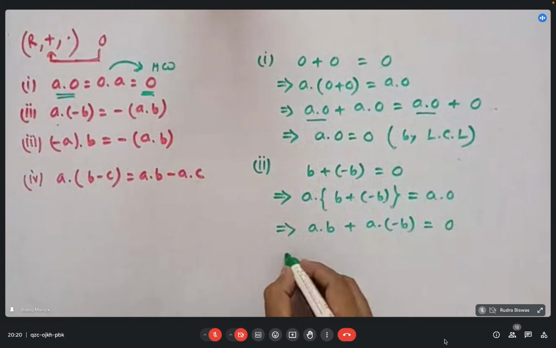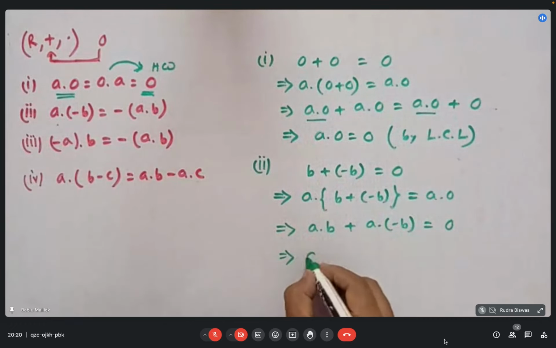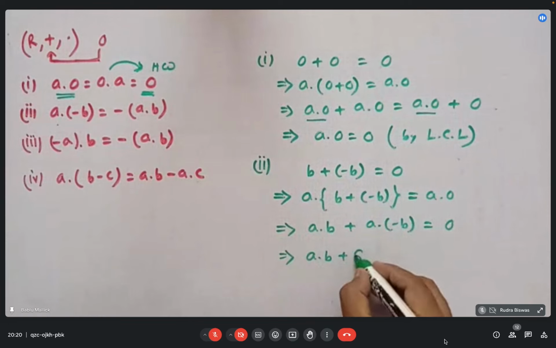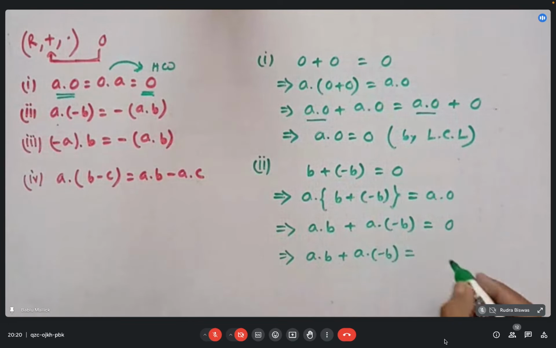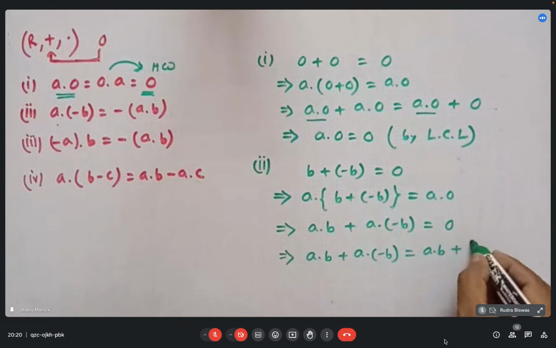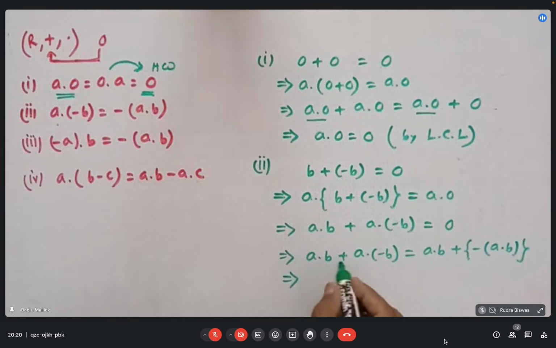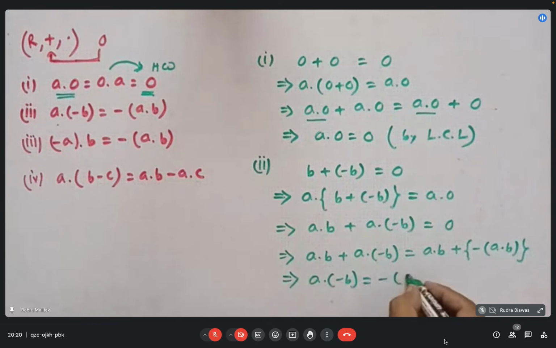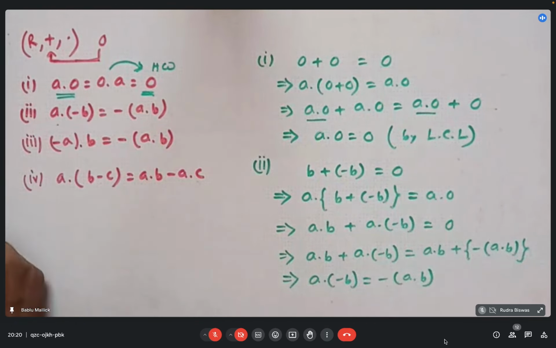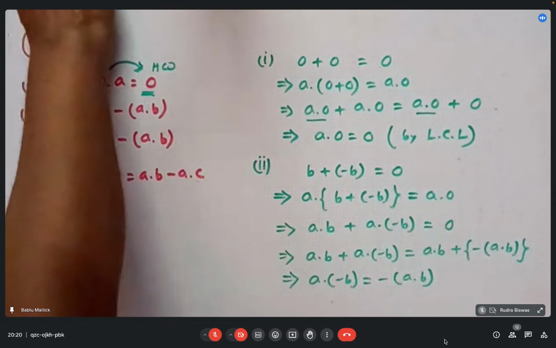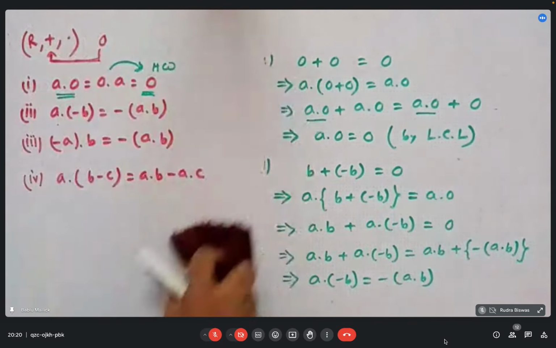I can write it as a into b plus a into minus b is equal to a into b plus minus of a into b. Here also we can use left cancellation law. So a into minus b is equal to minus of a into b, using left cancellation law.